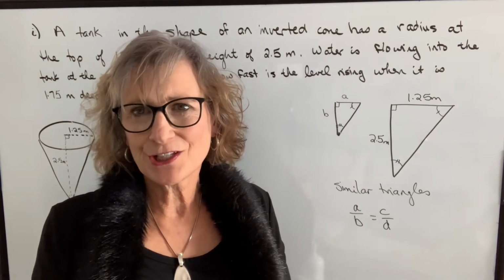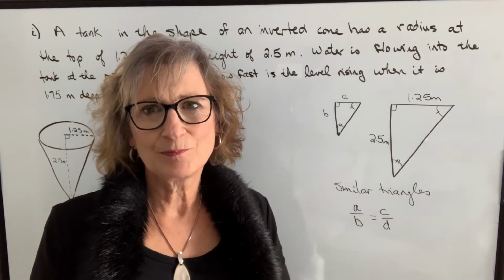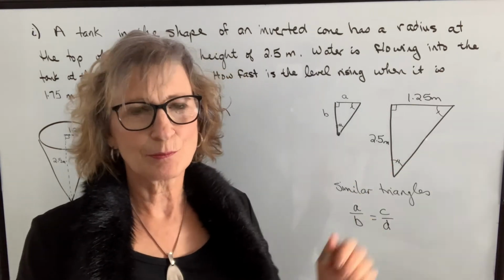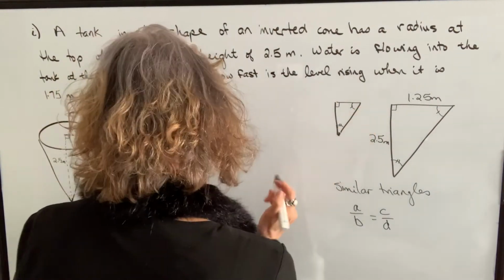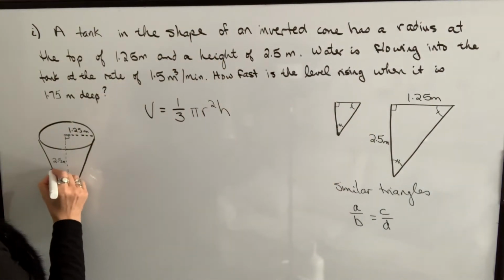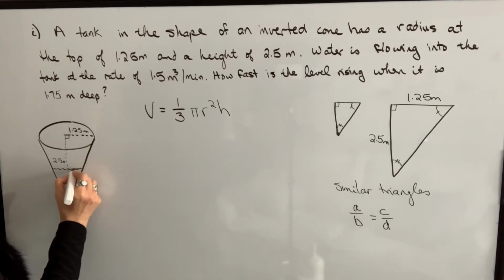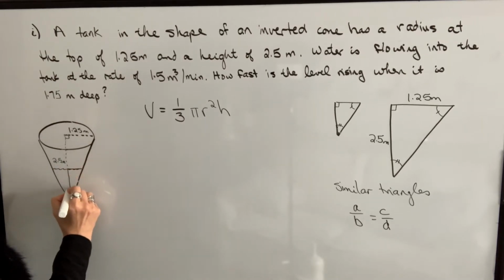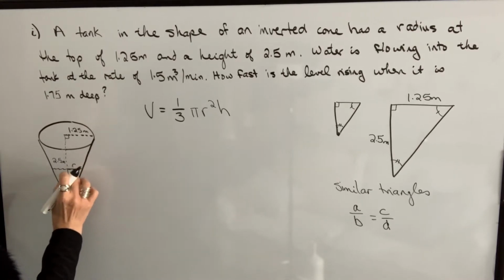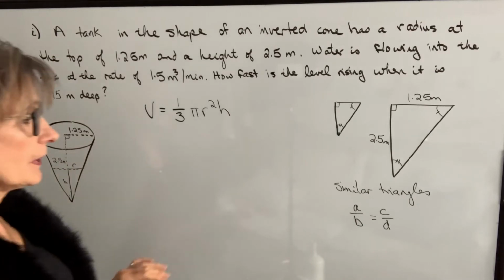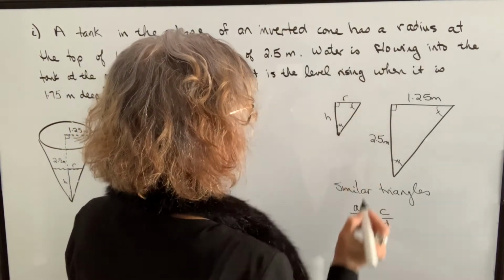We do have calculators that can handle any numbers, but I think it's easier to see the relationship when I choose nice, neat numbers. And when the water's coming in, wherever that water is at that point, I'm going to have a radius here and a height that are both changing. So therefore, this is my height, this is my radius.